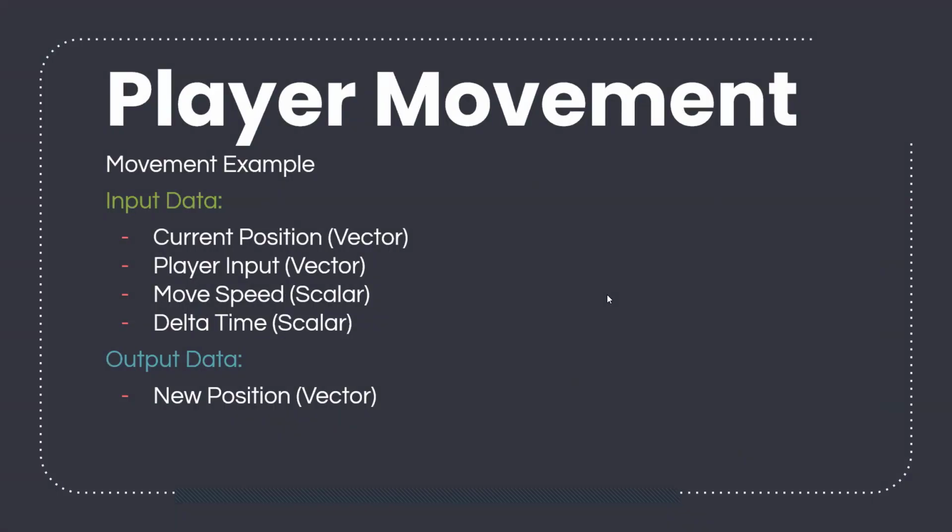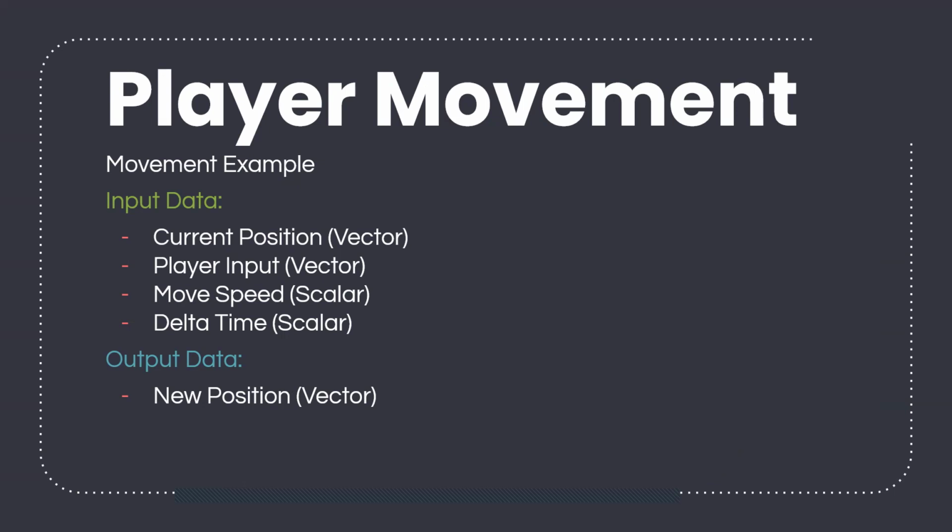Okay, so we can go over a little example, because that was a little bit high level, and talk about how to implement it. So let's say we have our player's movement. We really want to think about this in terms of our inputs and our outputs. Some examples of input would probably be our current position.